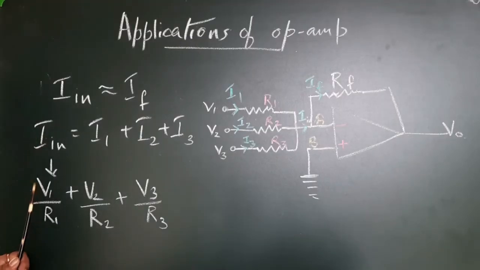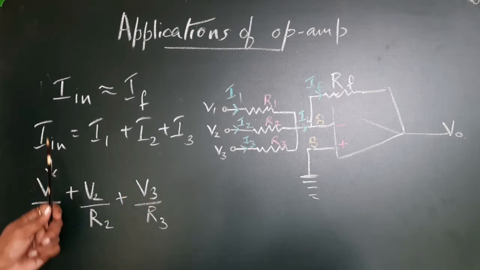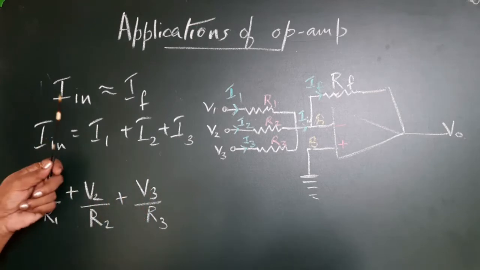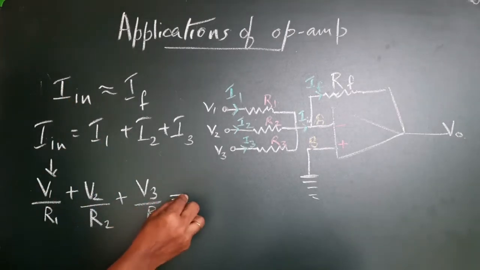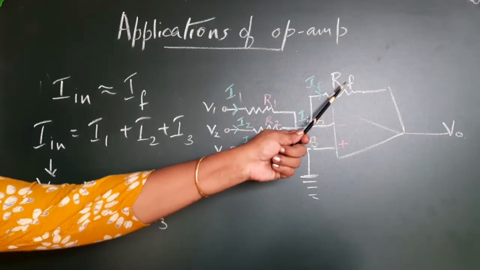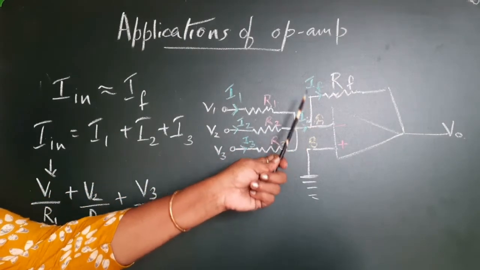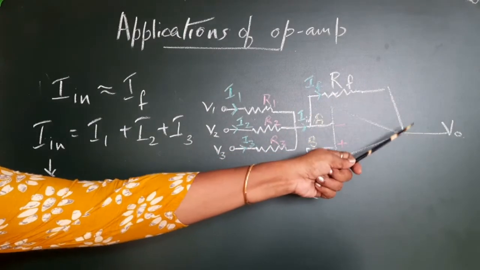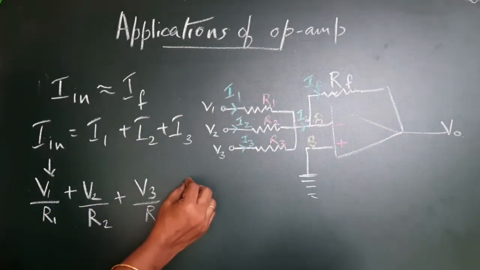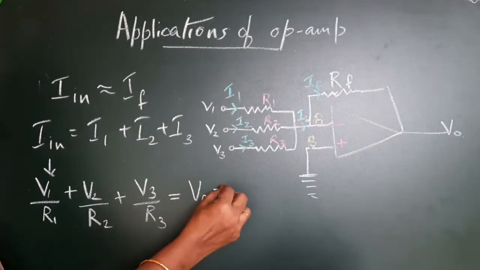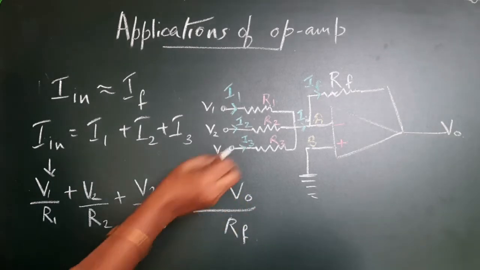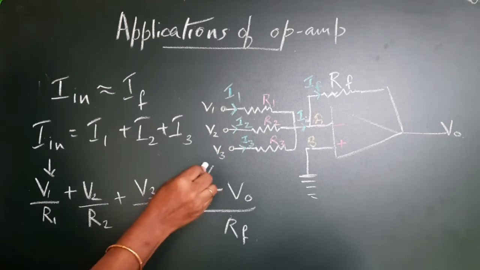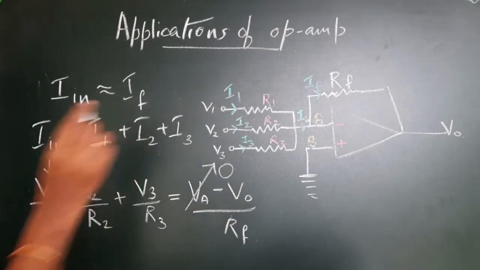So In equals V1 by R1 plus V2 by R2 plus V3 by R3. Now we have to equate this In with If. If is the current through RF, so it is VA minus Vout by RF. But you know that VA is 0 because of the concept of virtual ground.